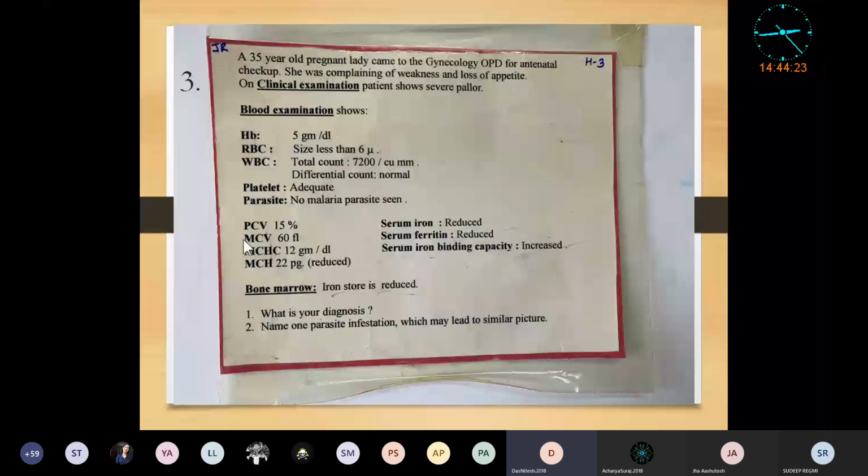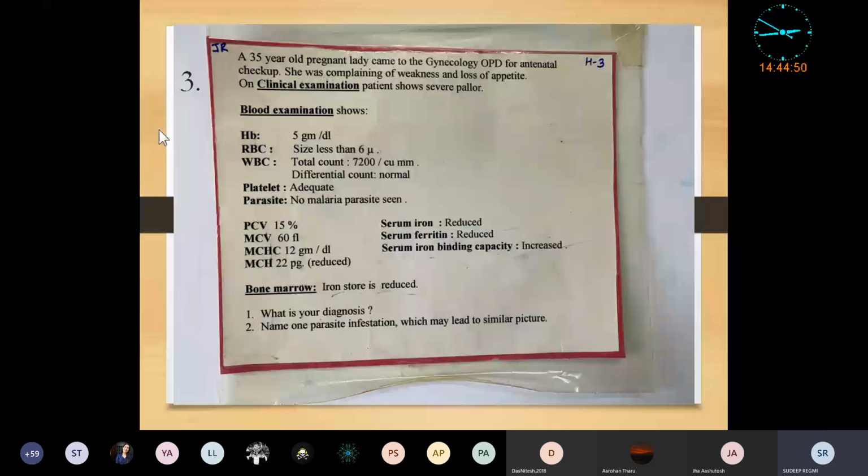Size, volume of RBC. Okay, that is called mean corpuscular volume. But what is that RBC called morphologically? Okay, microcytic. So this is an anemia and MCV is decreased.